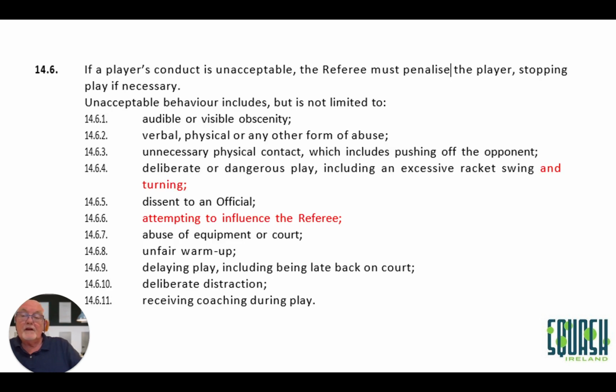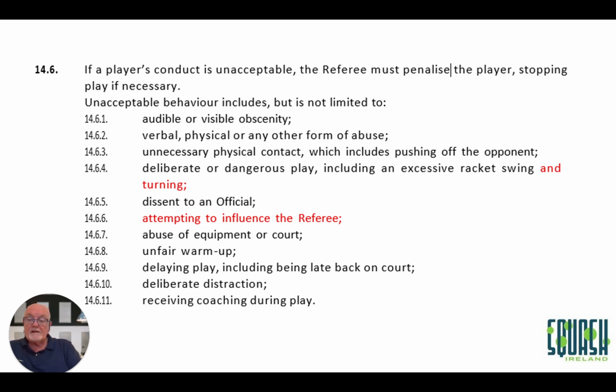And you see it there in the restated Rule 14.6, listing what's looked on as unacceptable behaviour, requiring the referee to penalise the player, to include 14.6.4, deliberate or dangerous play, including an excessive racket swing, and now including turning.